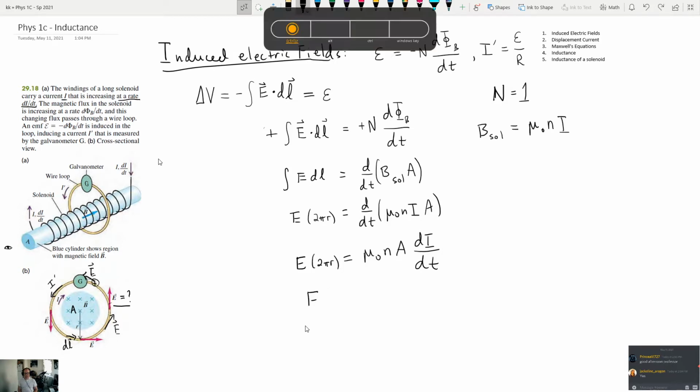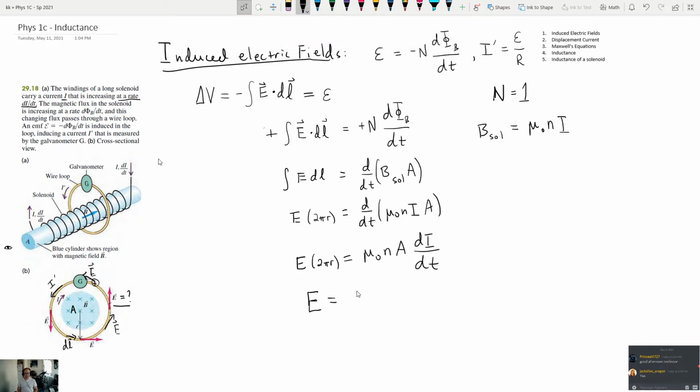So we get that the electric field at the location of that wire is equal to mu naught n A dI/dt, all divided by 2 pi r. And that's the answer.